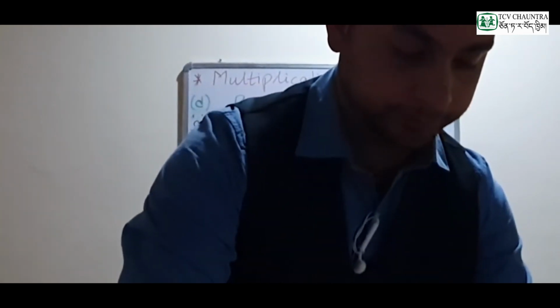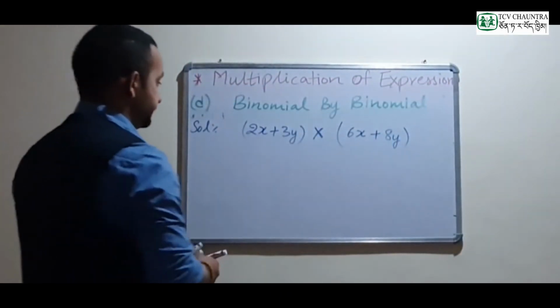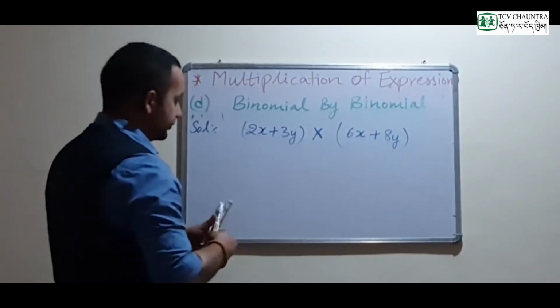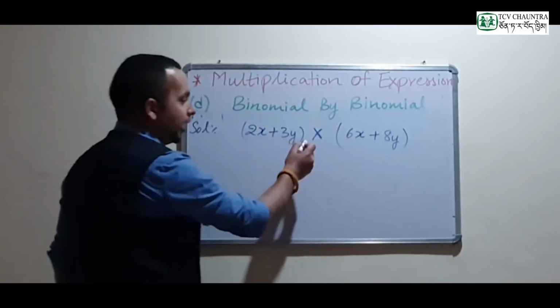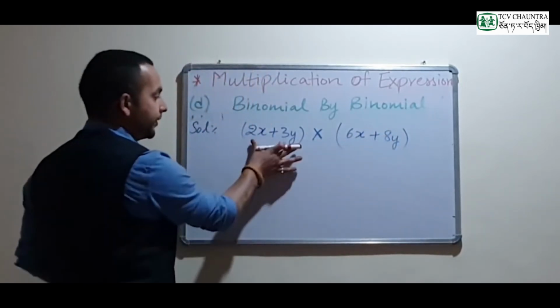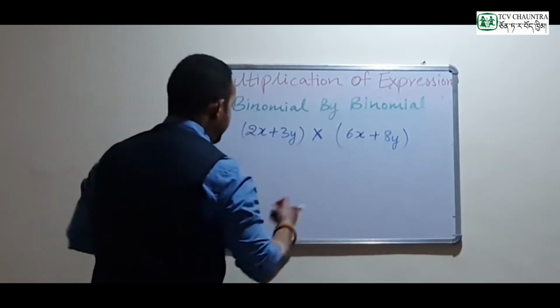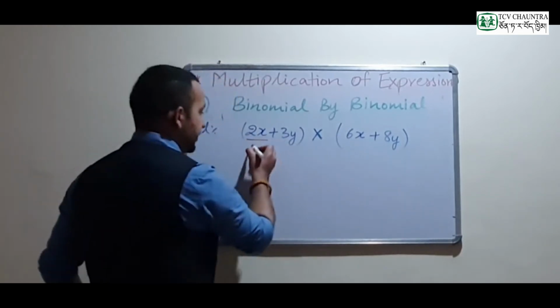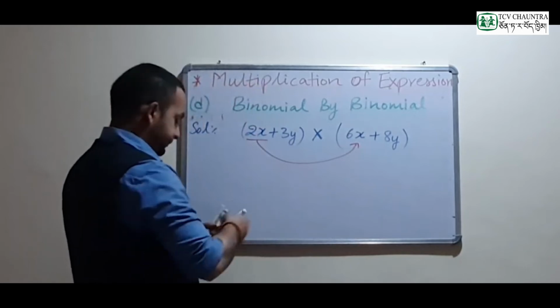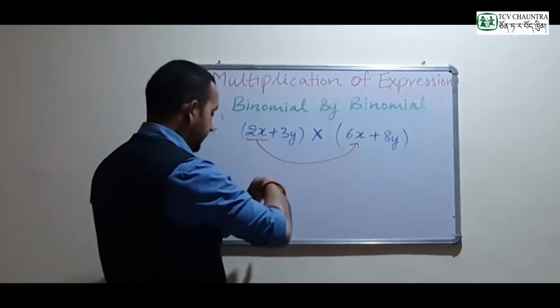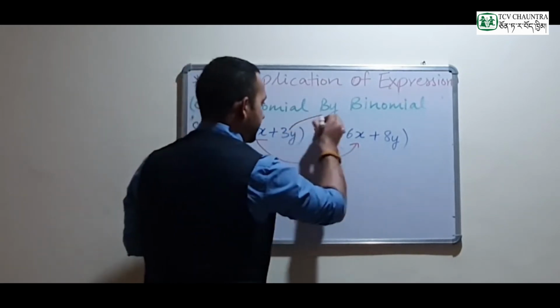Okay, now what we will do, here we have binomial by binomial. First of all, this 2x will multiply with these, and then this 3y will multiply with these.